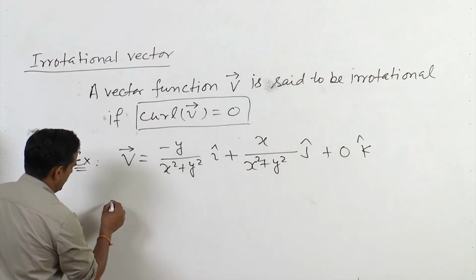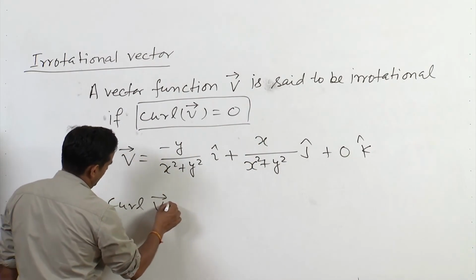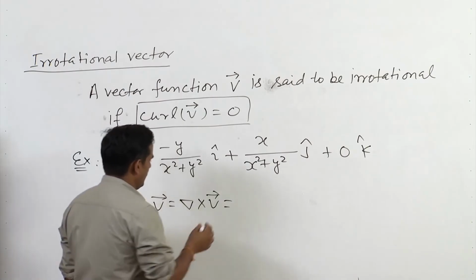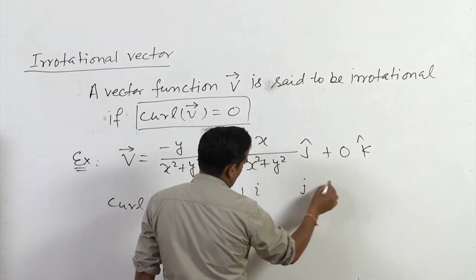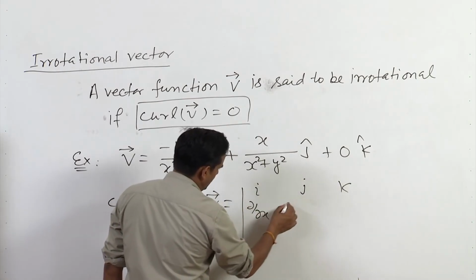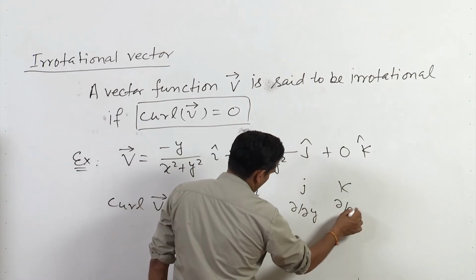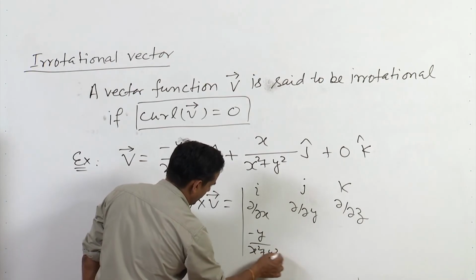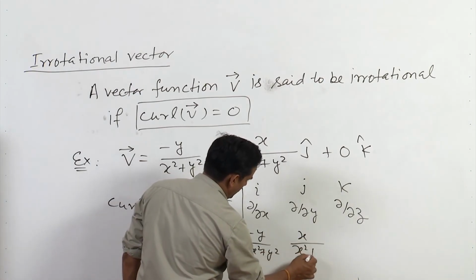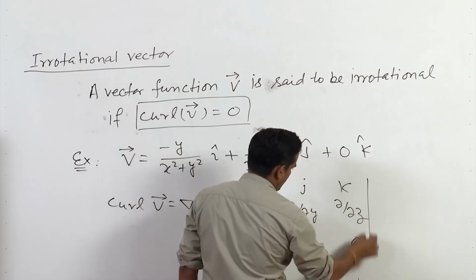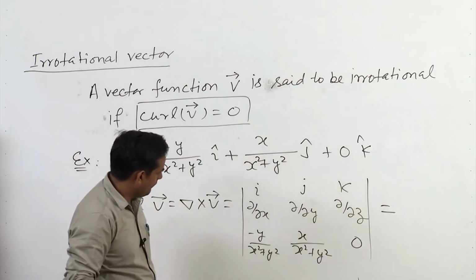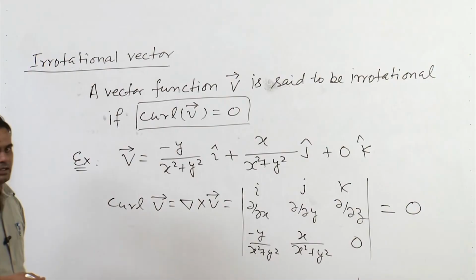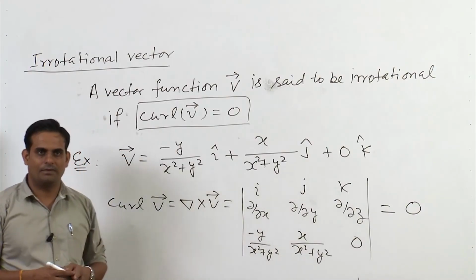If I find the curl of this vector, it will be del cross V, which becomes the determinant with rows i j k, del by del x, del by del y, del by del z, and minus y upon x square plus y square, x upon x square plus y square, and 0. And when I do it, it comes out to be 0. Hence, it is an irrotational vector field.